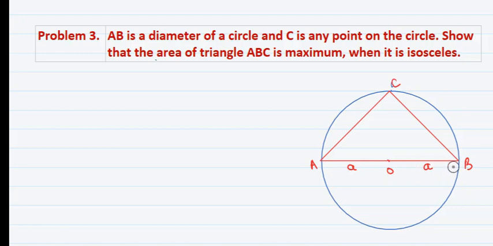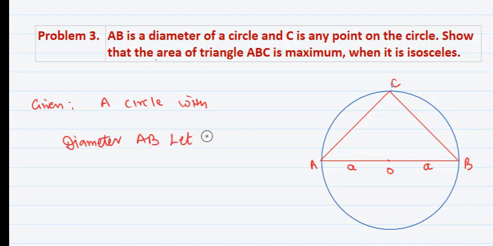Okay, so AB is equal to 2a, where a is a constant quantity. What is given? A circle is given whose diameter is given as 2a. So let me write this given part: a circle with diameter AB, let us say it as 2a. Okay, this is the given part.